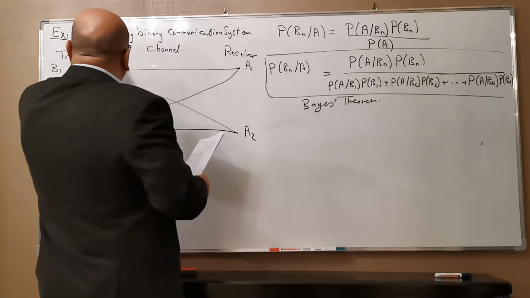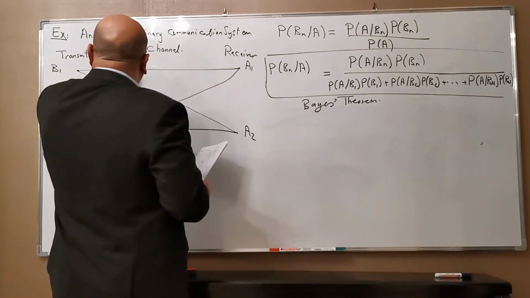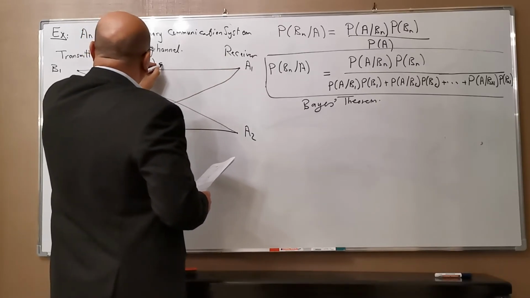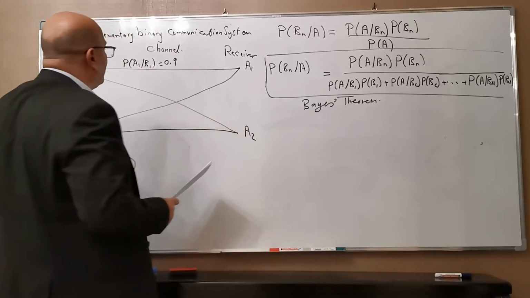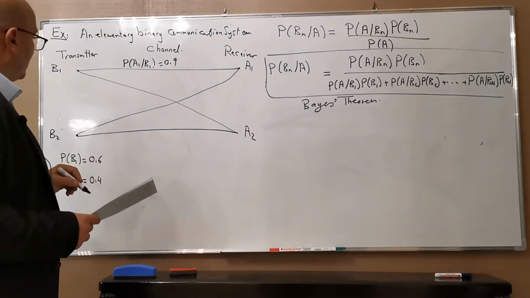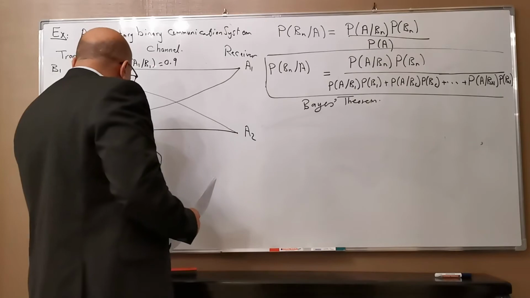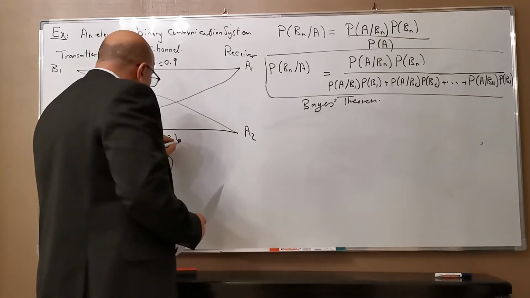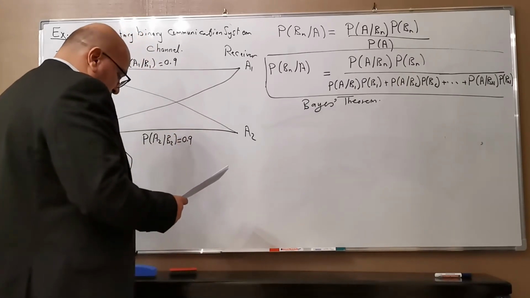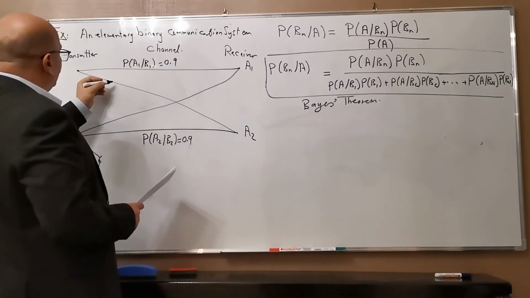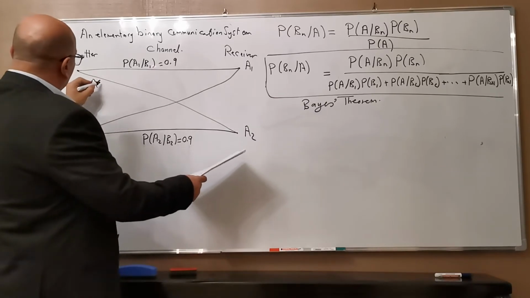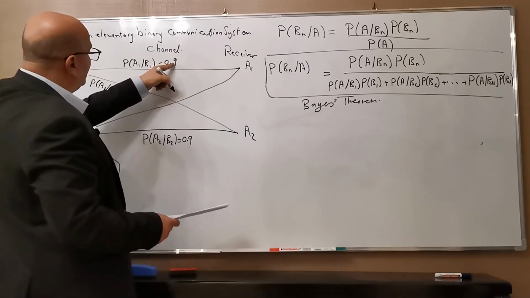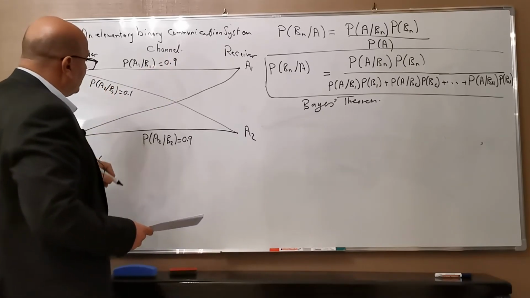Okay, now the probability that you receive A1 given that B1 was sent is equal to 0.9. So we have 90% correct reception here. At the same time, the probability of A2 given that B2 was sent is also equal to 0.9. So the probability of A2 given that B1 was sent should be the rest, so it's 0.1.